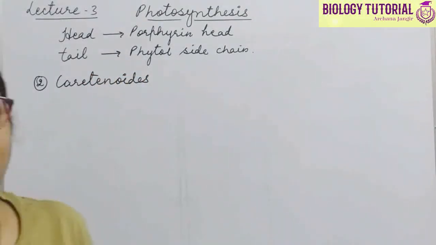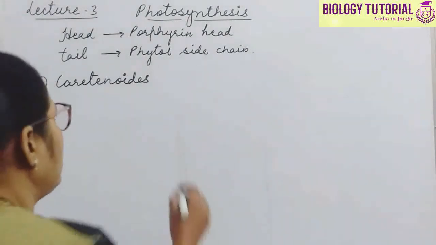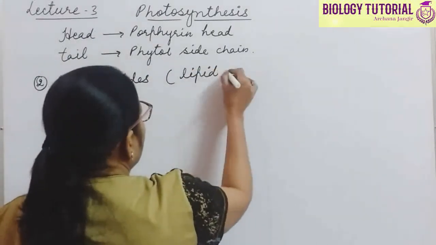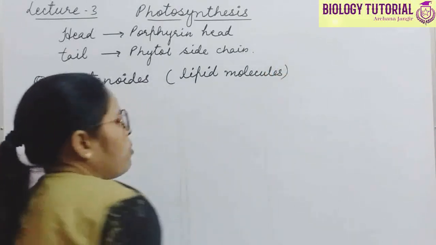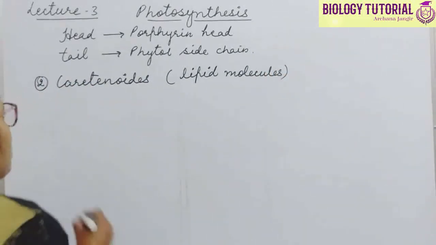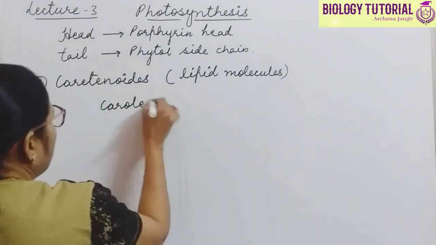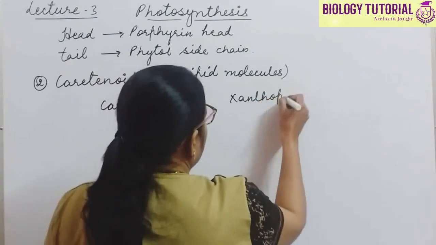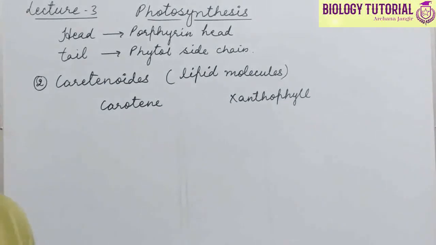These carotenoids are again of two types, that is carotene and xanthophylls. Carotenoids are basically lipid molecules, or fat molecules. Two types of carotenoids are there. First one is carotene, second one is xanthophyll. These are the two important types of carotenoids.